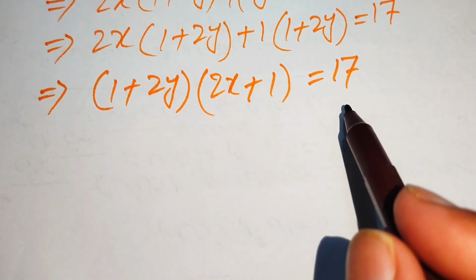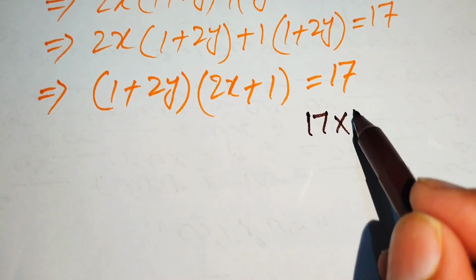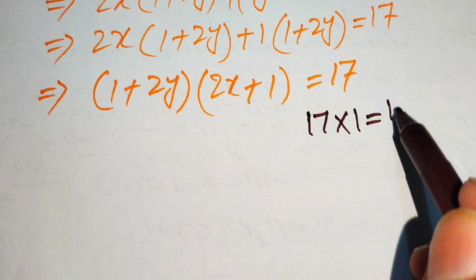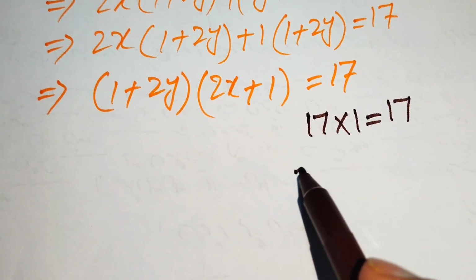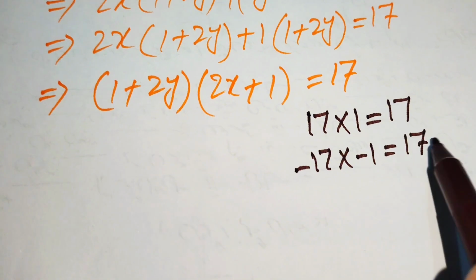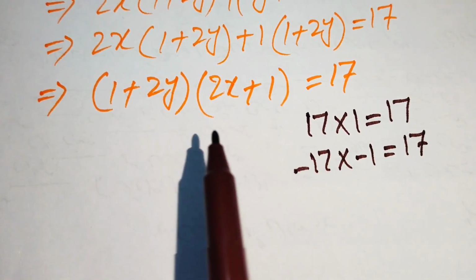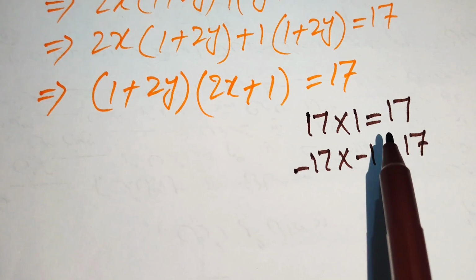We have 17 times 1 equals 17, and -17 times -1 is also equal to 17.